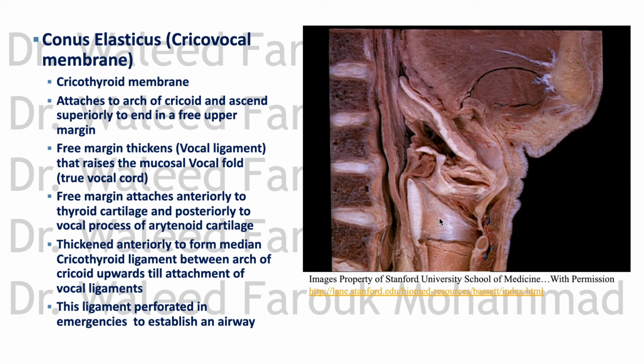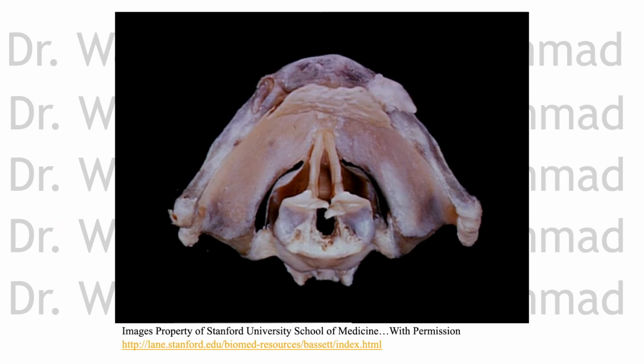So you got that. This is the conus elasticus. Actually, without it, there is no voice production. There is no sound, because we said the upper free border is the true vocal cord. Okay. See? This is the thyroarytenoid ligament, which is the upper border of the cricothyroid ligament. This is the true vocal cord. Attaches to the vocal process of the arytenoid.